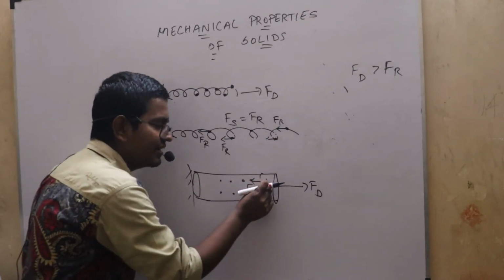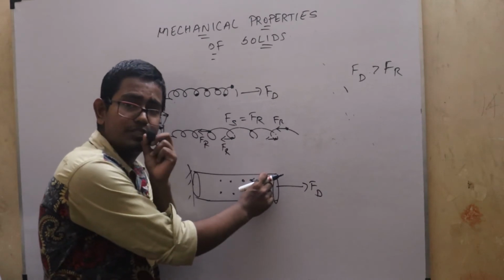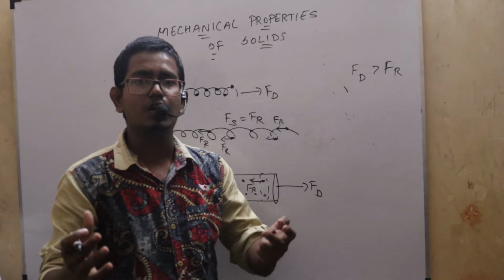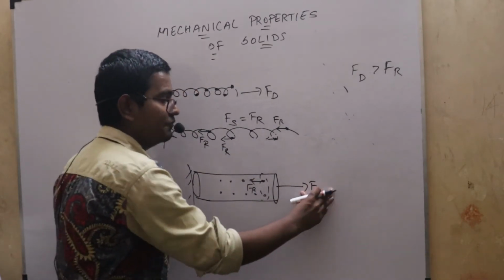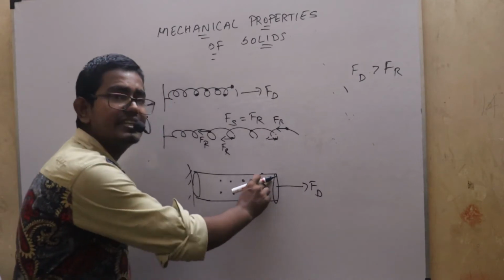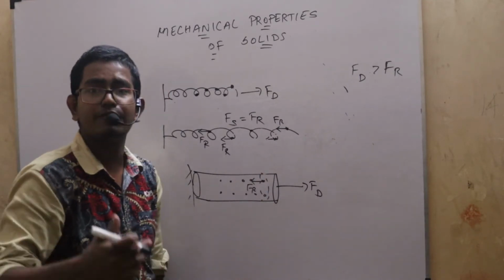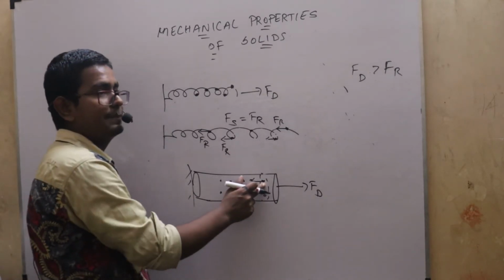As this restoring force is not letting this molecule leave its position, the body is not getting deformed. The rod is not getting deformed. That's why, however much I apply the deforming force, inside this rod the restoring force is generated, and the restoring force makes sure that this molecule does not leave its equilibrium position.